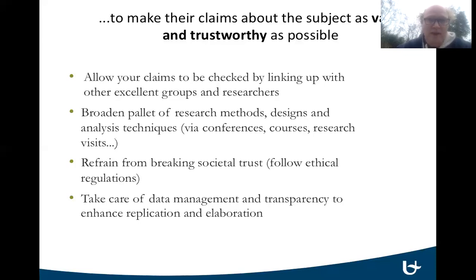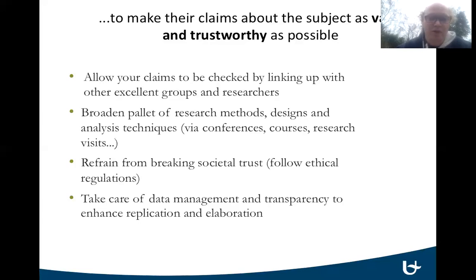In order to make claims that are valid and trustworthy, or as trustworthy as possible, it's important to refrain from breaking societal trust. Especially in these days, it's clear again that society trusts and builds on the expertise of experts. And these experts don't break ethical rules, for instance.